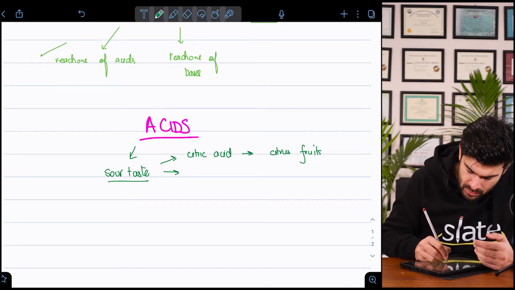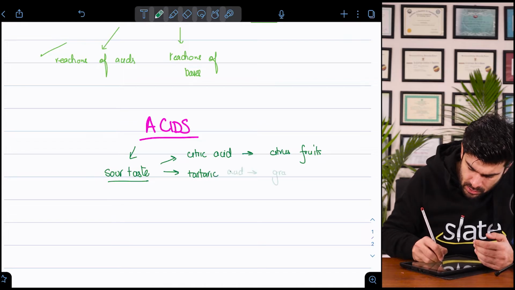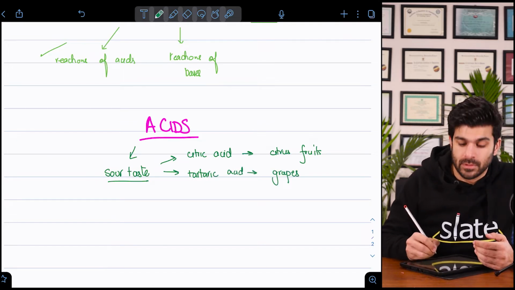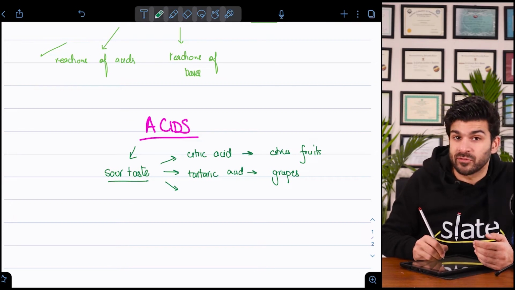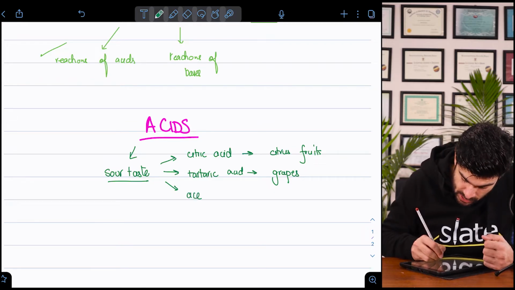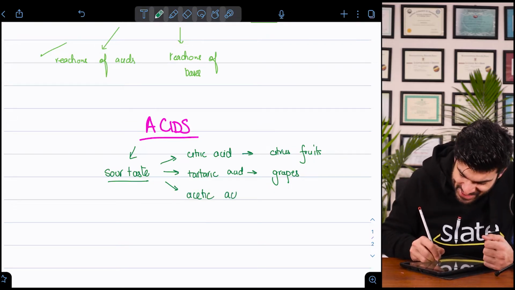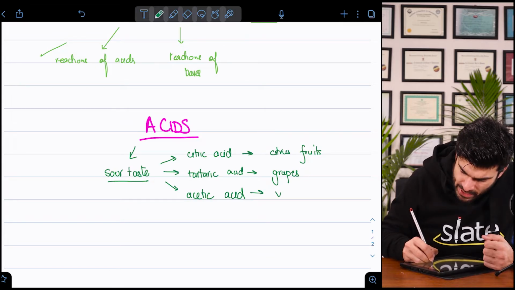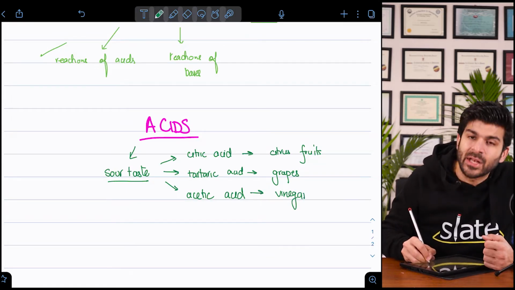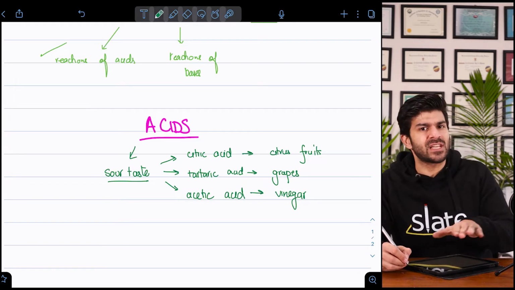We have tartaric acid found in grapes. And one of the most important ones, acetic acid, also known as vinegar that you consume. As you can see, these things have a sour taste.